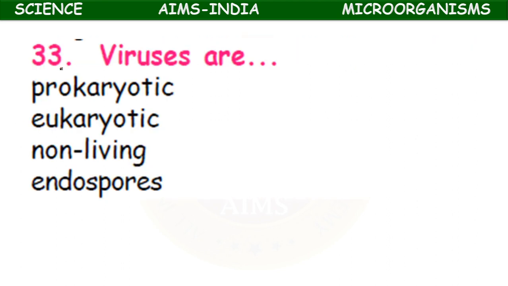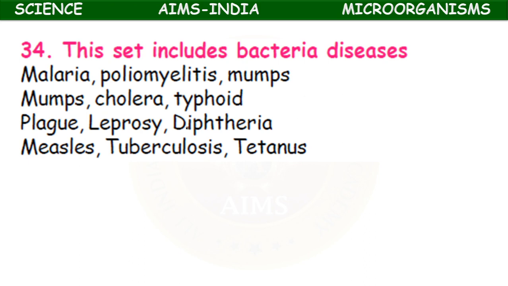Next, viruses are prokaryotic, eukaryotic, non-living, or endospores. Viruses are non-living. This set includes bacterial disease, malaria, poliomyelitis, mumps, cholera, typhoid, plague, leprosy, diphtheria, measles, tuberculosis, tetanus.